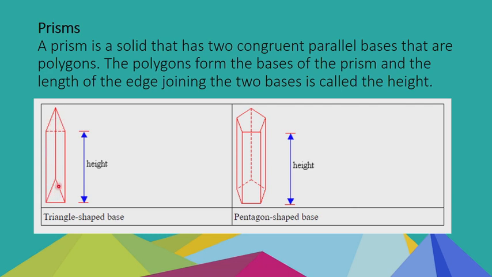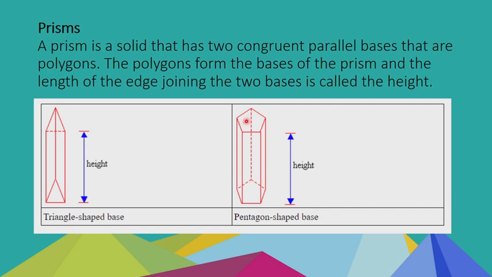These two areas should be congruent, and only when they are congruent do we call it a prism. The height is nothing but the distance between these two triangles or shapes.